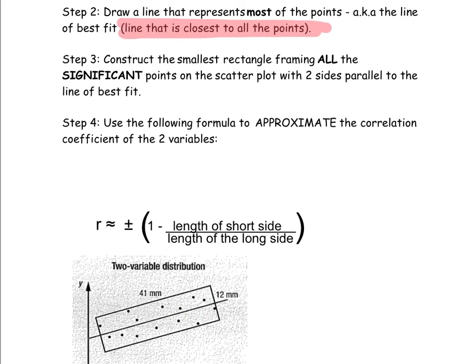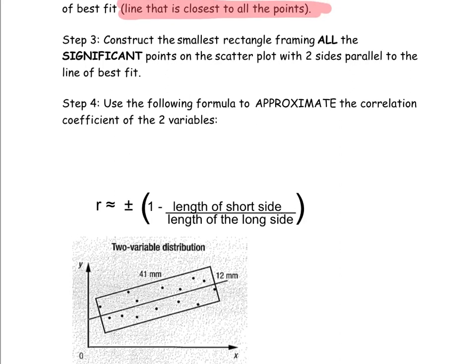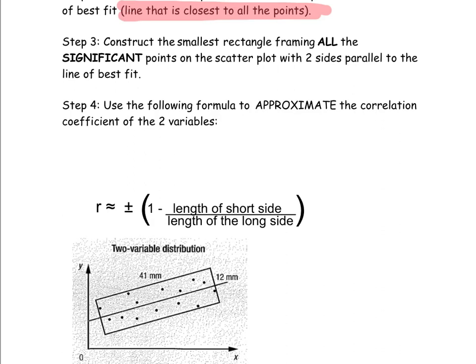Then step 3. We construct the smallest rectangle possible, framing all the points. So that's what we did here. We have our rectangle that goes around as many points as possible. Well, actually, it goes around all the significant points. What that means is if we have an outlier, a point that doesn't fit the pattern of the other points, we wouldn't include it.